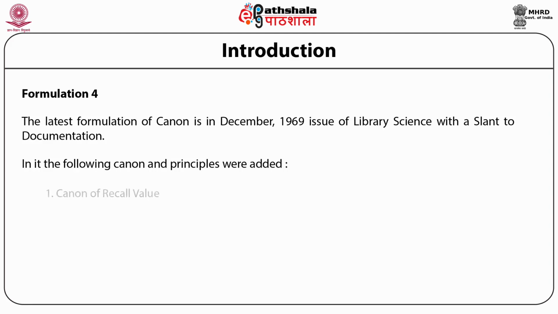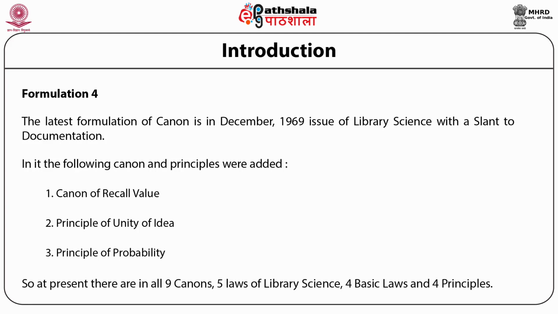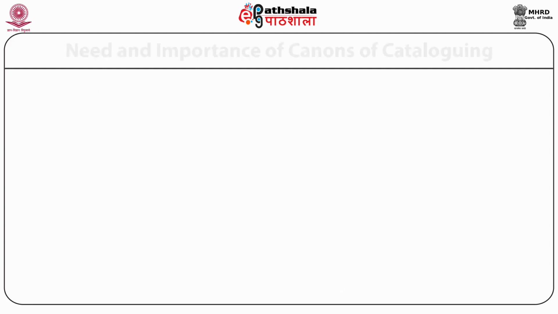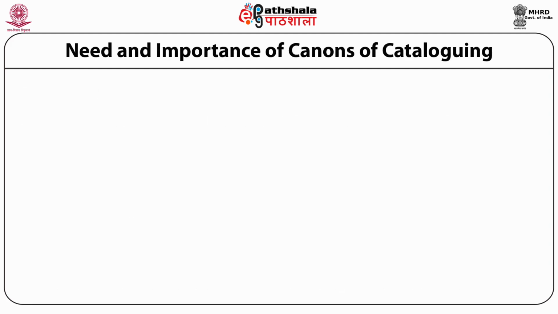One canon, Canon of Recall Value, was added, and two principles, principle of unity of idea and principle of probability, were added. So at present, there are in all 9 canons, 5 laws of library science, and 4 basic laws and 4 principles.